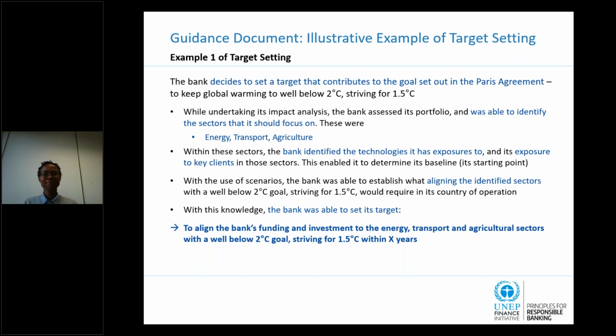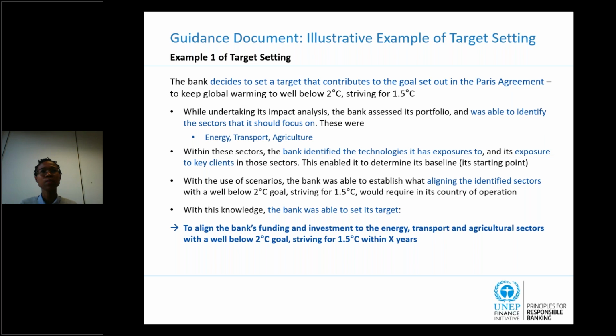Okay, so in the first example, I will explain how we could set a target on climate change based on the criteria defined in the guidance document. First of all, it goes without saying that the target should be associated to our downstream operations, which means our loan portfolio in our case, because the highest potential negative and positive impacts occur in our loan portfolio across our value chain.